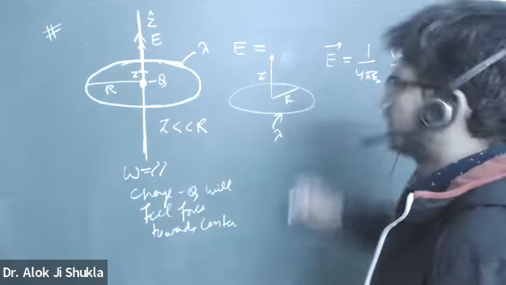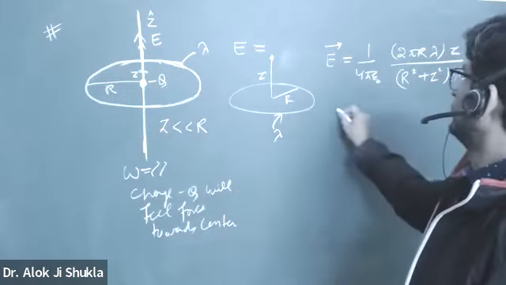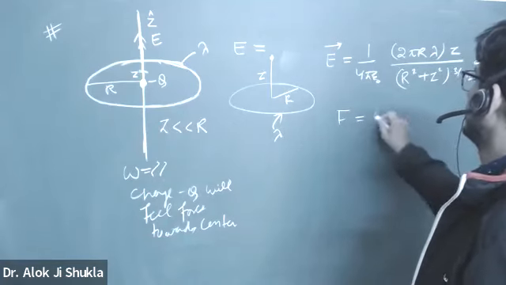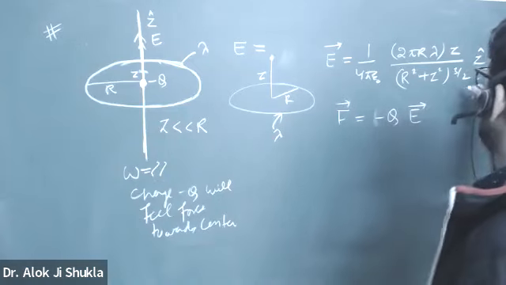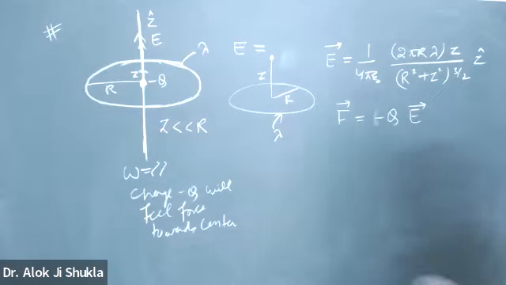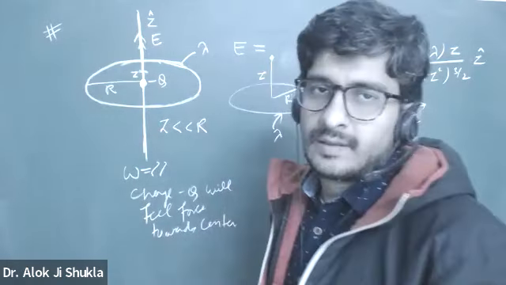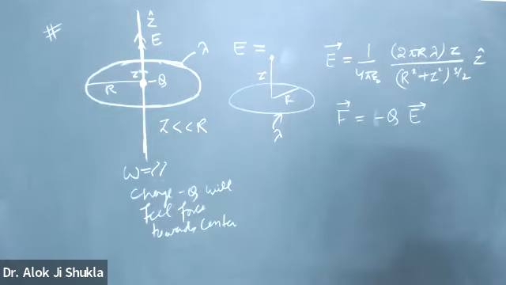This will be the field profile, correct? And what is force? Charge into E. So it is minus Q into E. So that's why force will be towards minus Z direction. And if you displace it in the downward direction, then also the force will be towards the center. So that's why SHM will happen.